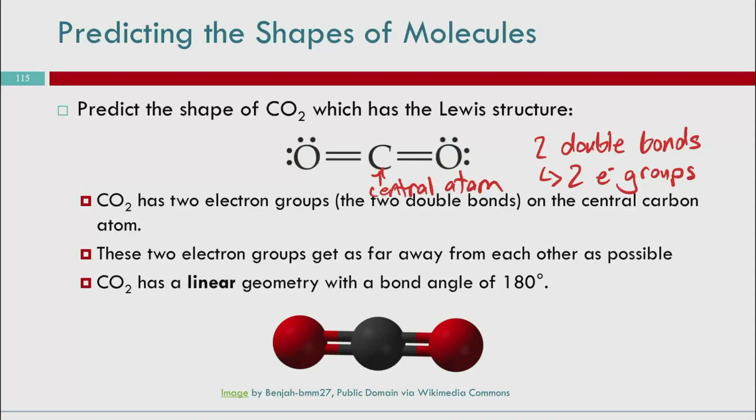So me standing in the room right now, my hands, if those are the oxygens, the furthest that I can get them away from each other is on the opposite side of my body being the carbon. I can't get them any further away from each other, right? It's also fun because I get to T-pose on the class, assert my dominance. So CO2 has linear geometry because that's the shape, right?